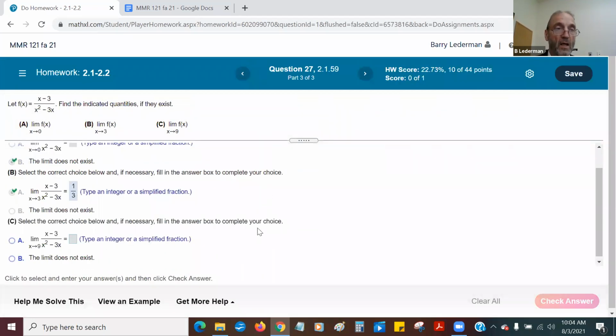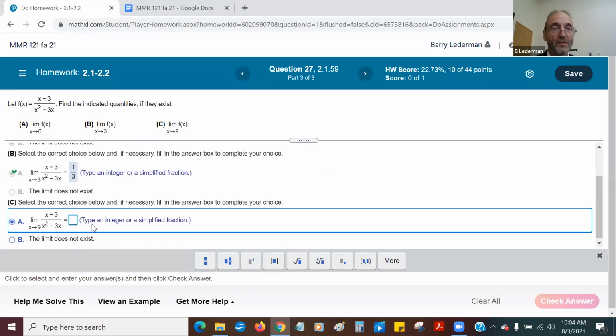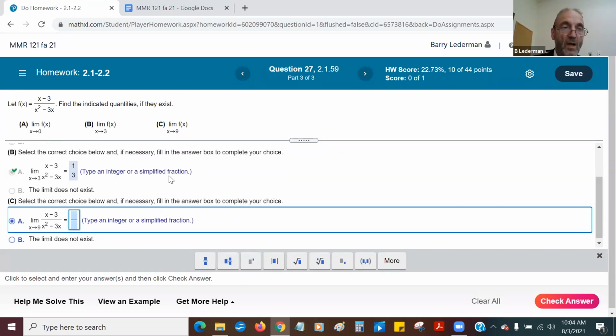And if I plug in 9, that's just going to be 9 minus 3 over 81 minus 3 times 9, which is 27. Well, 9 minus 3 is 6, I'm pretty sure about that one.